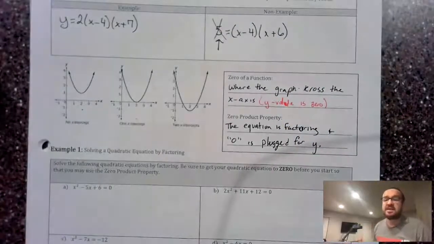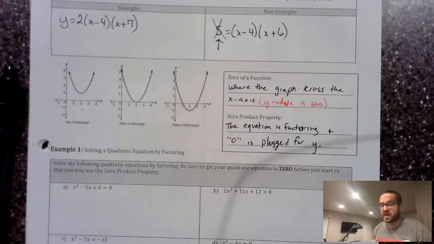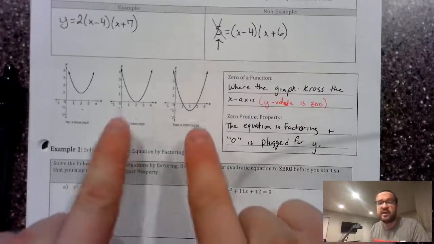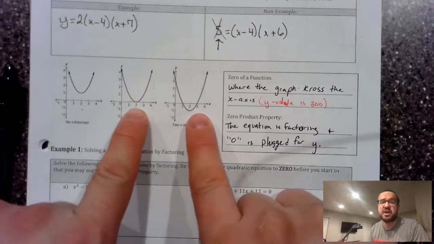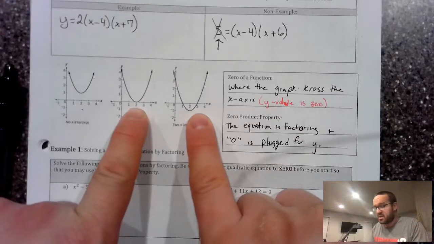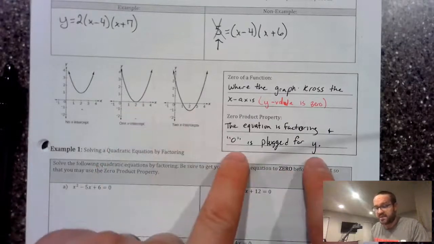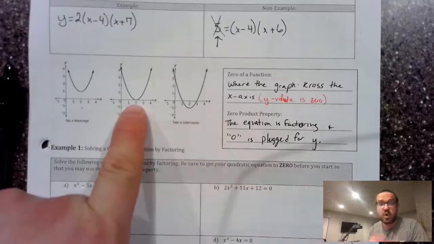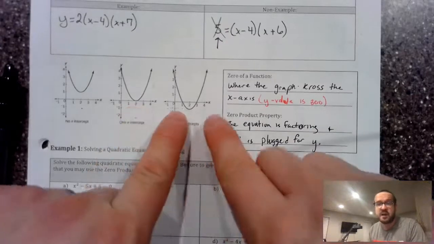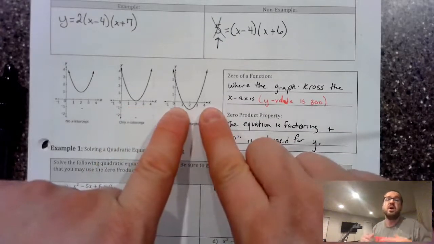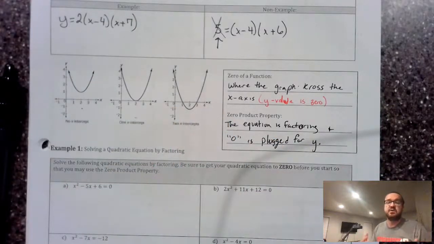Why might 0 be plugged in for y? The reason is that's when the x-intercept actually occurs. It occurs when y is 0. Right here, 2, 0, y is 0. Right here, 1, 0, 3, 0, y is 0. So that's what we're going to use when we do the zero product property.